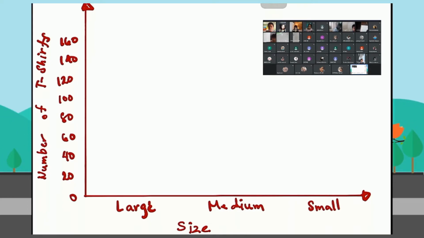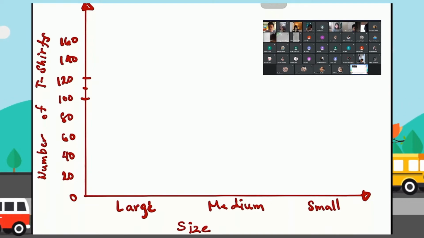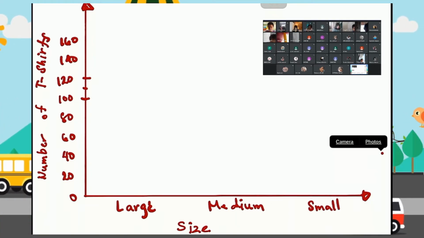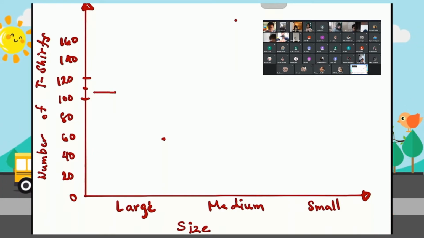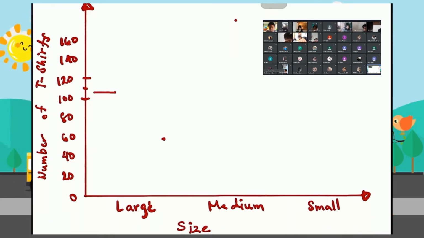Now take note that in this example, this is 100 and this is 120, so in the middle that is 110. So therefore our bar is about here.